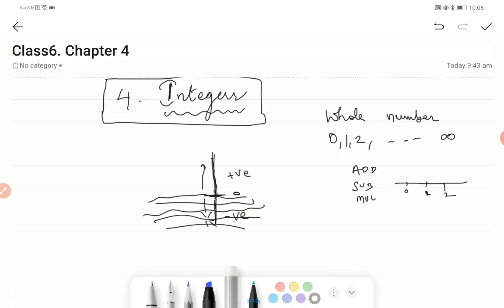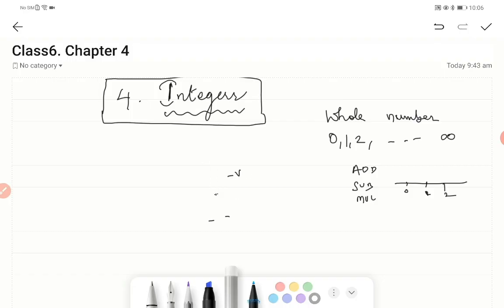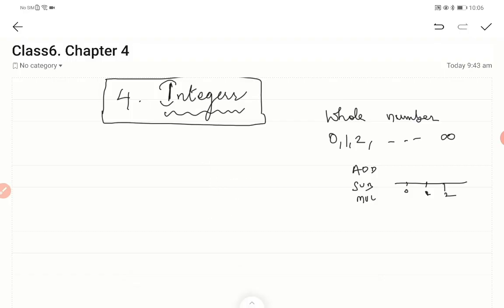And you have seen many other examples, like profit, which we represent in terms of positive numbers, and the opposite of profit is loss, so loss you are representing in negatives, and so on. And then the best example is temperature. On a thermometer, if it is above 0 degrees, you take it in terms of positive numbers.